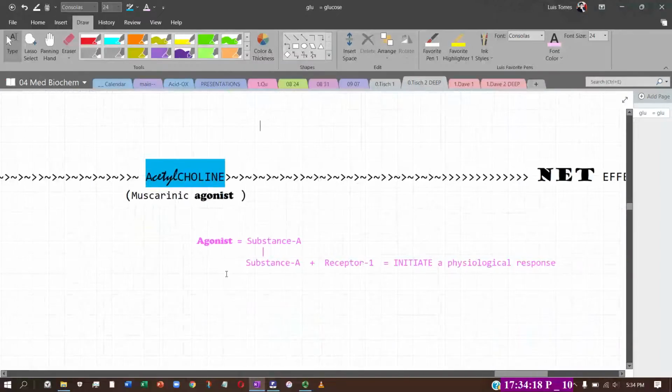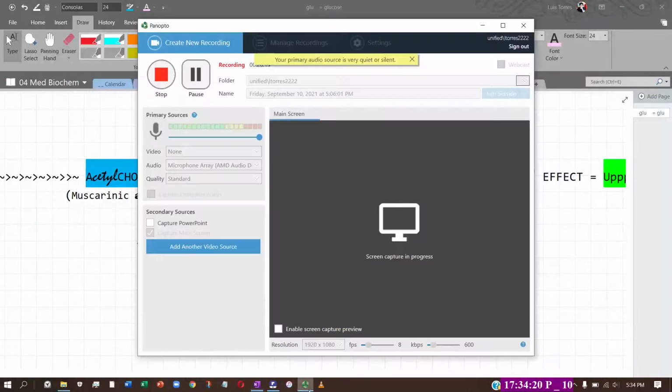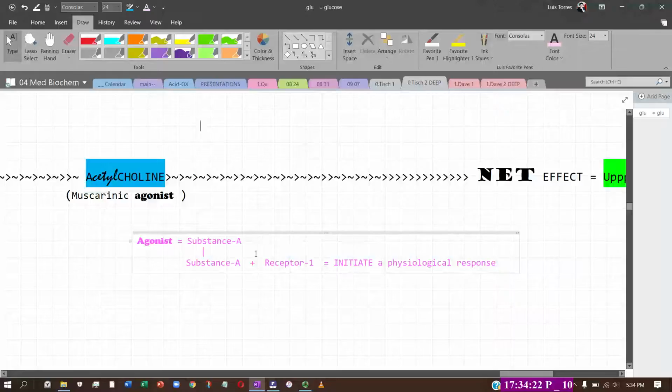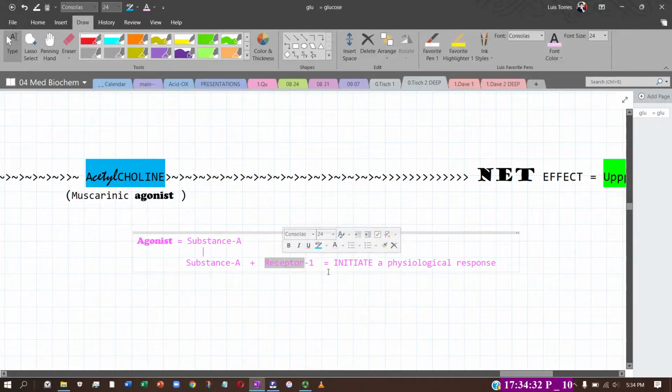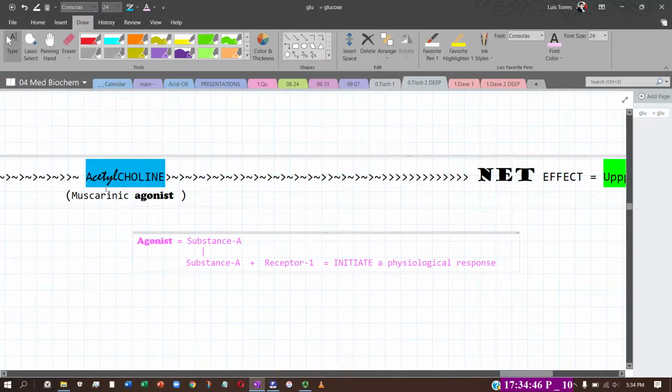And by the way, here is the definition of agonist. Let's say you have a substance, substance A. When substance A pairs up with a receptor, any receptor, whenever there's an interaction between those two, there is the initiation of a physiological response.